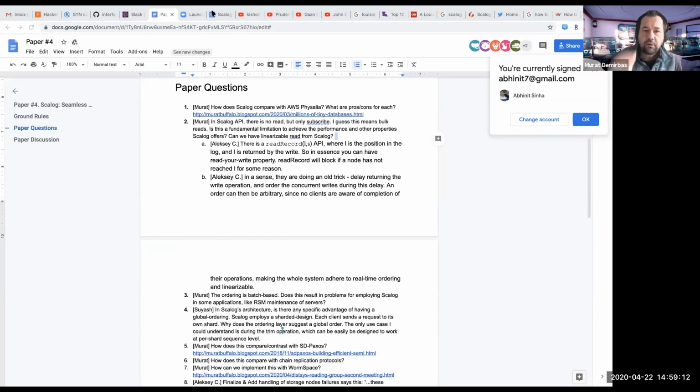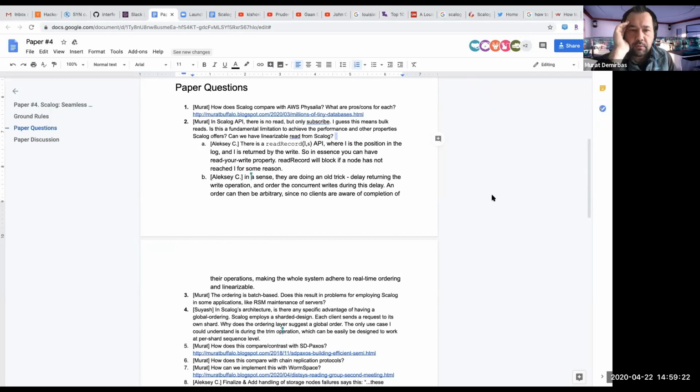How does Scalog compare with AWS Physalia? What are the pros and cons for each? This was a recent paper that also appeared in NSDI 2020. Physalia is basically chain replication, and they have cells for the configuration boxes. The chain replication is also sharded.